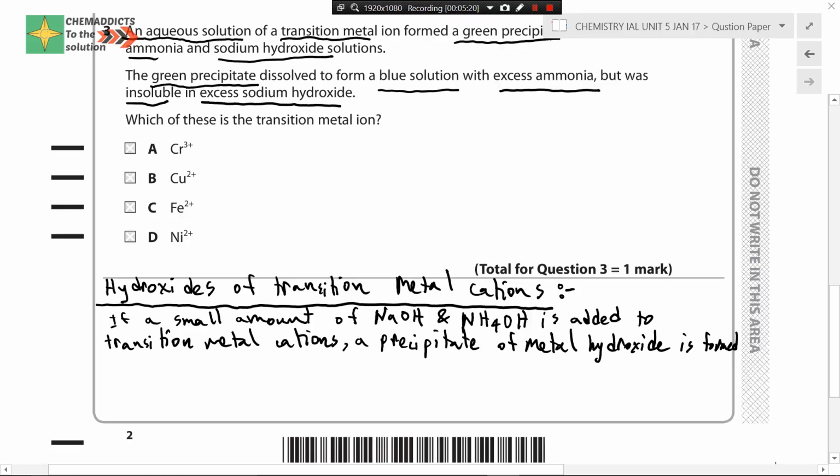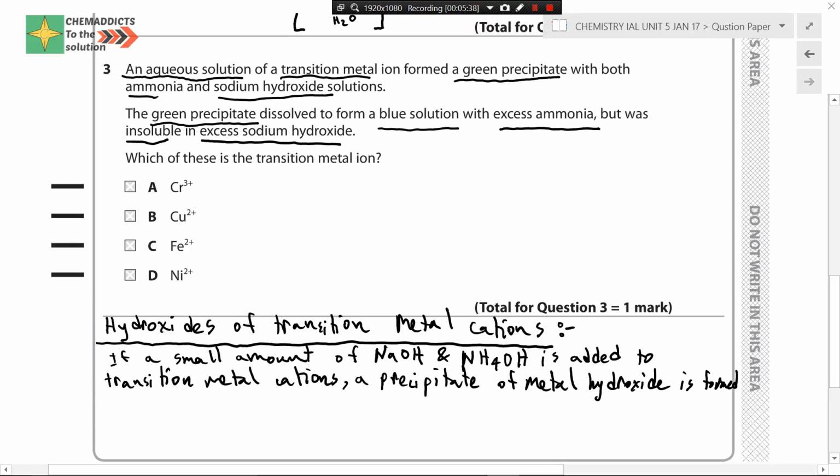As you can see here, at first we have taken an aqueous solution of a transition metal ion, an unknown transition metal cation. Then we have added ammonia and sodium hydroxide solution to that unknown transition metal ion, and it gives a green precipitate.